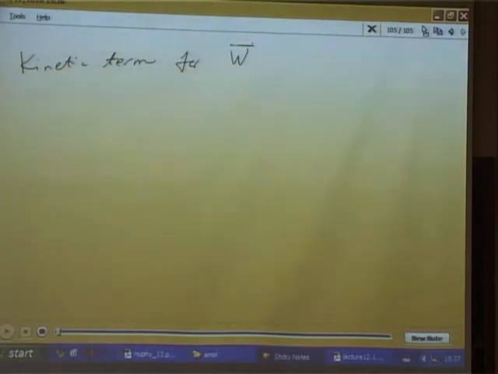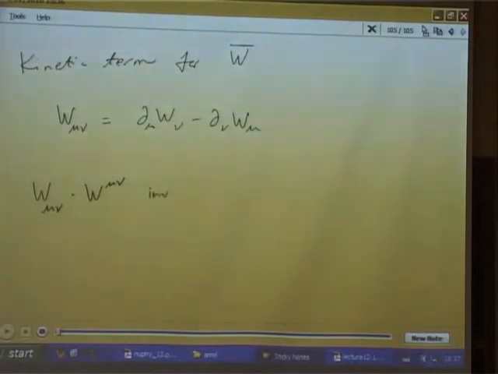SU2 is not abelian, therefore if you only write W mu nu as del mu W nu minus del nu W mu, and then you try to see whether W mu nu dot W mu nu is invariant, the answer will be that it's not invariant. So you have to do something to it. In some sense, it's a trial and error thing.